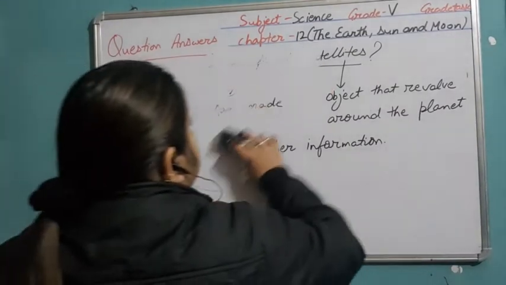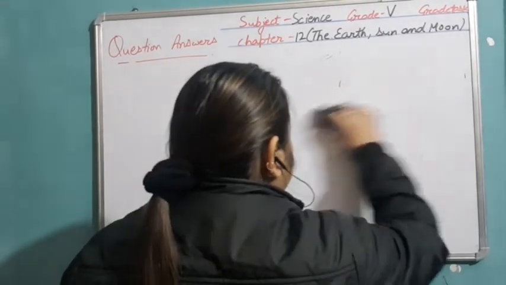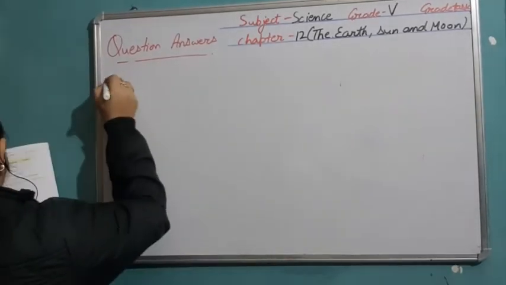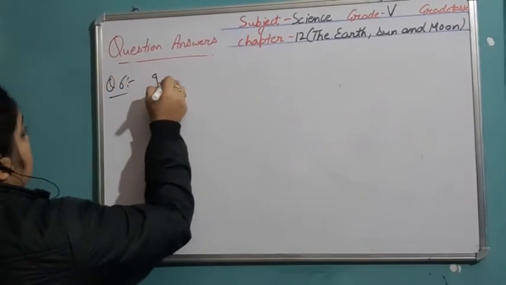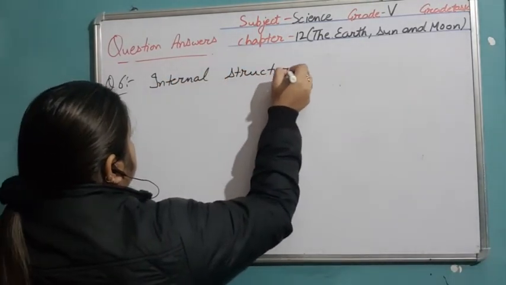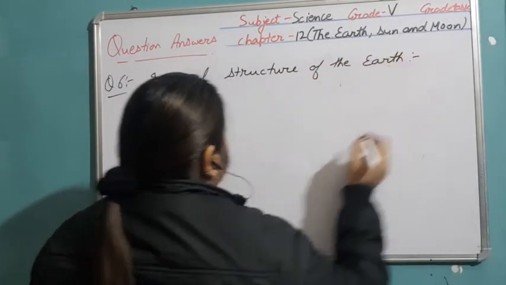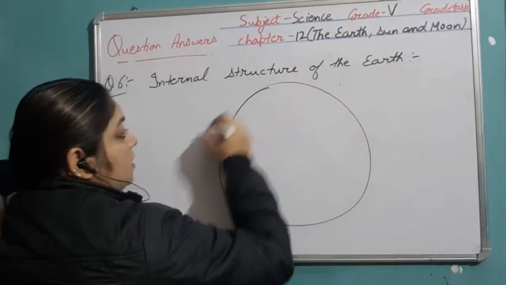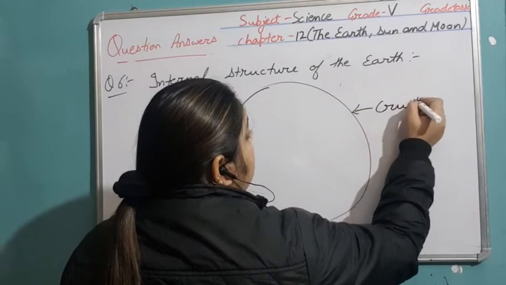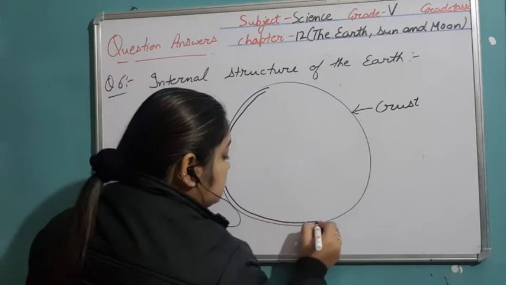Next is the internal structure of the earth. So question 6 is the internal structure of the earth. First of all, the outermost layer of the earth, we call it crust, which is hardest among all, where all the oceans and continents are present.